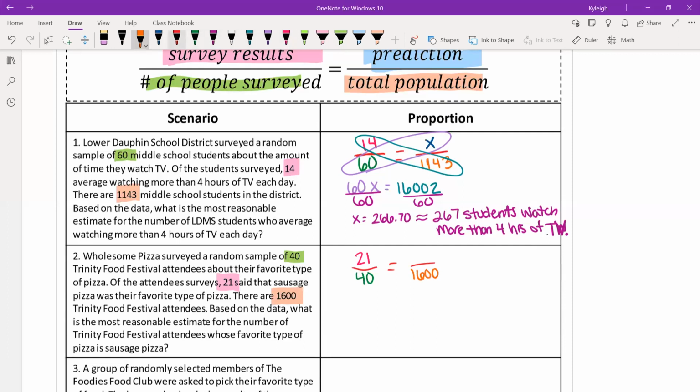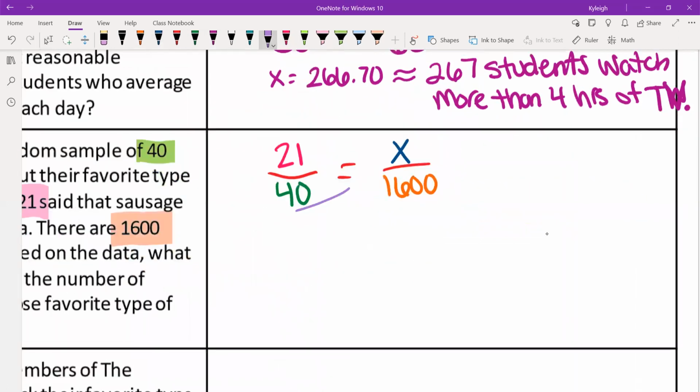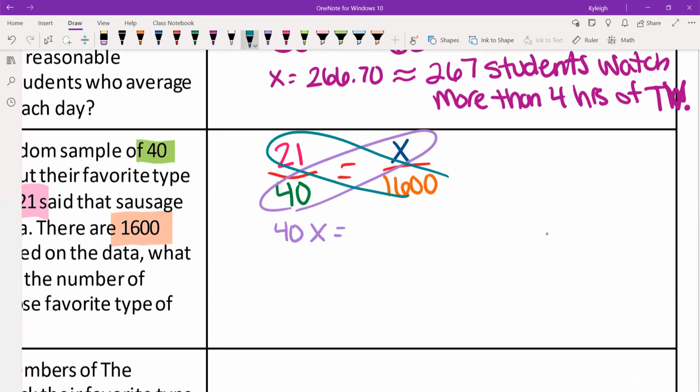And our prediction is always X. Okay. And now we're going to do our cross multiplication. 40 times X, and then 21 times 1,600. And what does that give us? That gives us 33,600. Trying to get X alone, divided by 40.